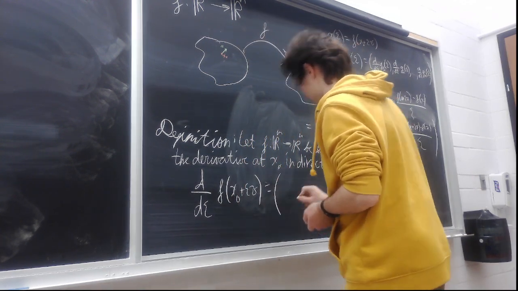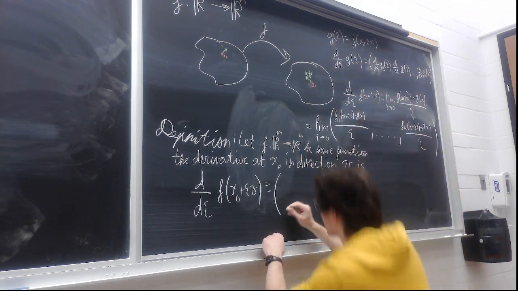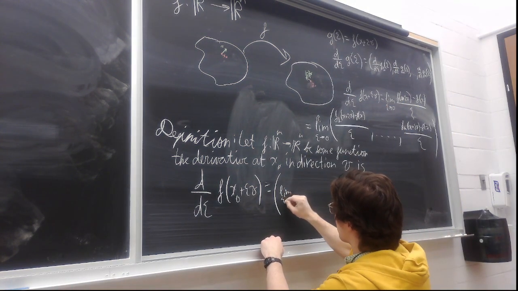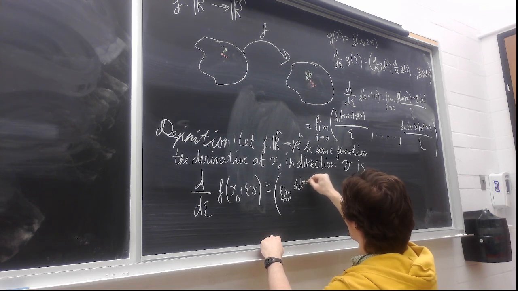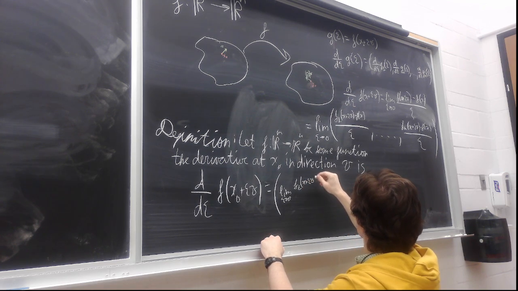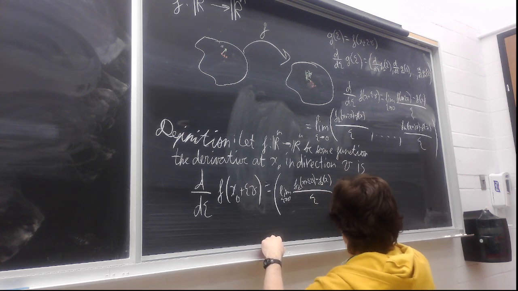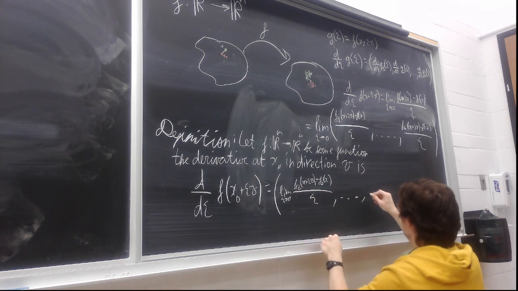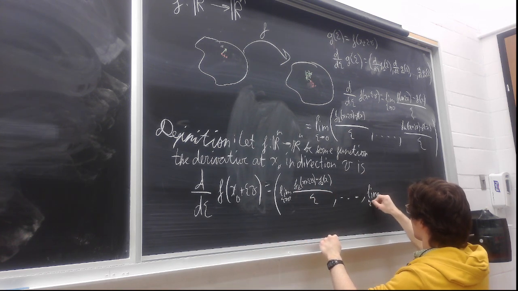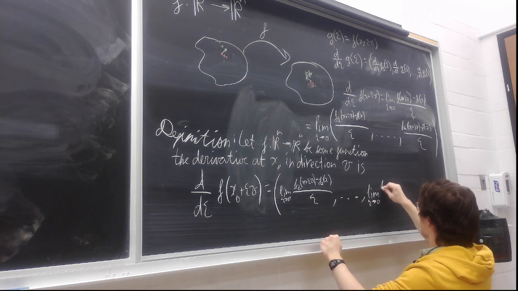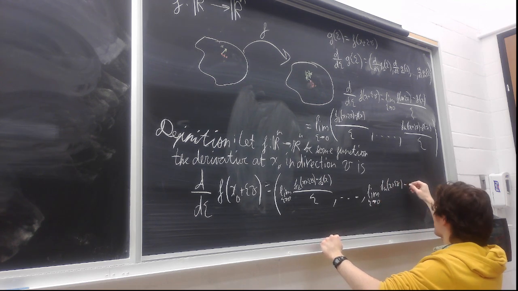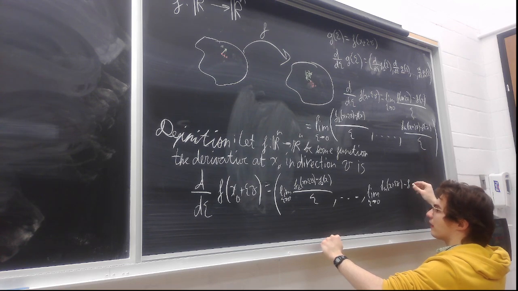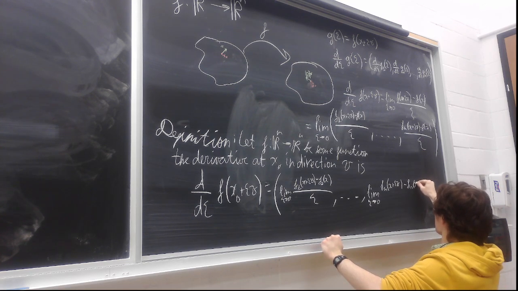So, the limit as epsilon goes to 0 of f1(x naught plus epsilon v) minus f1(x naught) over epsilon, and so on, down to fn.